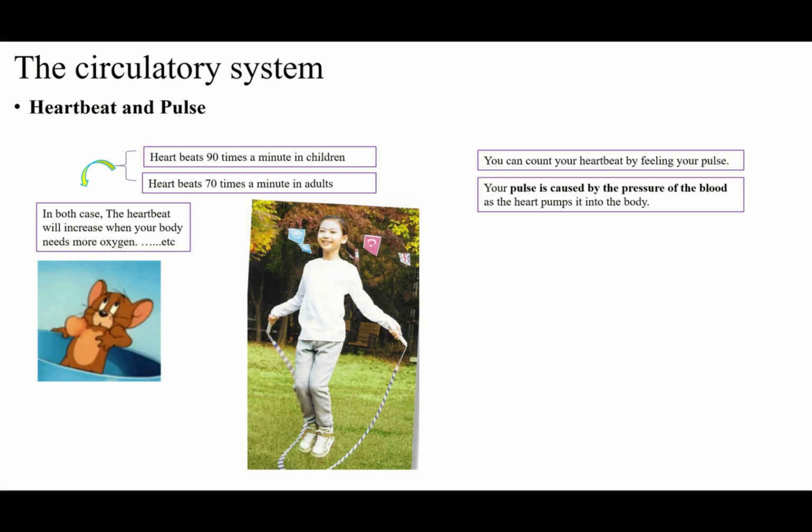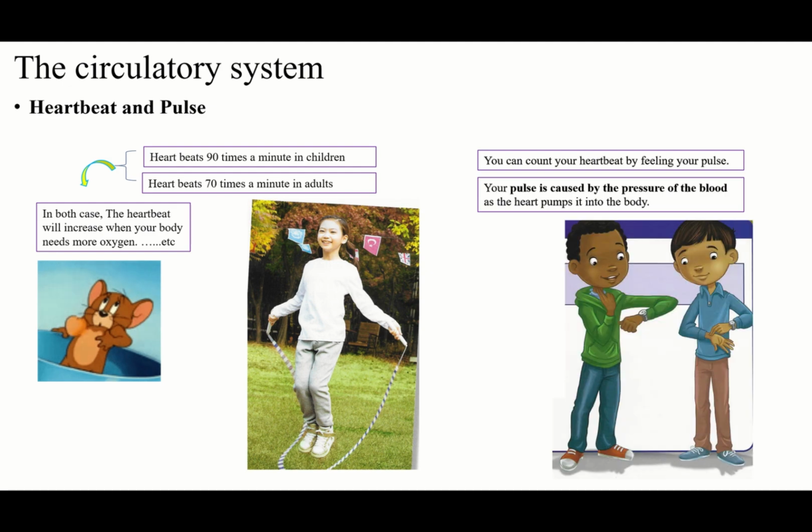And now you can count your heartbeat by feeling your pulse, as is here. If you gently press on the neck and your wrist, as you see from these two sides in the picture, you can count the pulse. But what is the pulse? It is the same as the heartbeat. Your pulse is caused by the pressure of the blood which the heart pumps into the body.